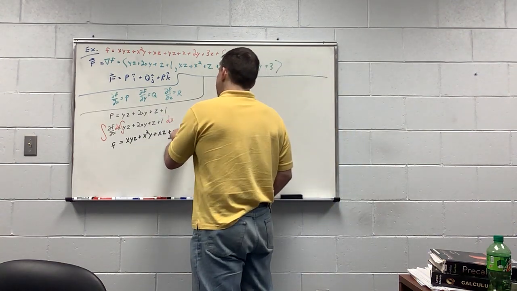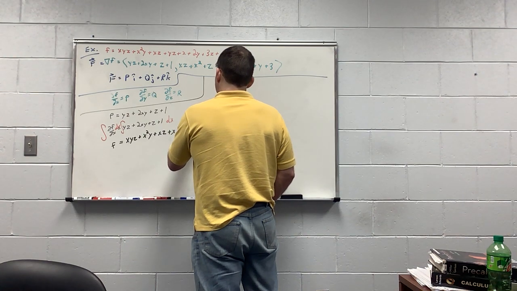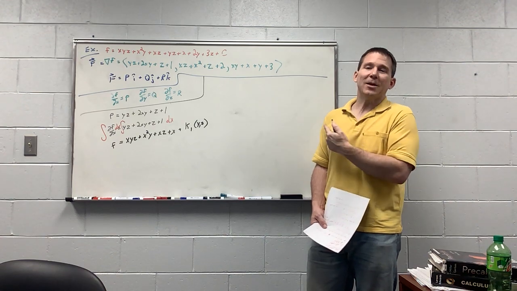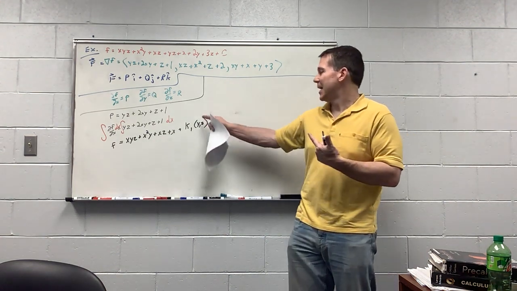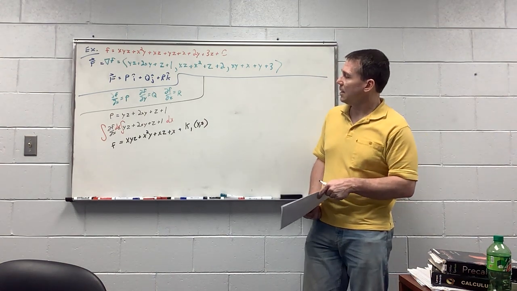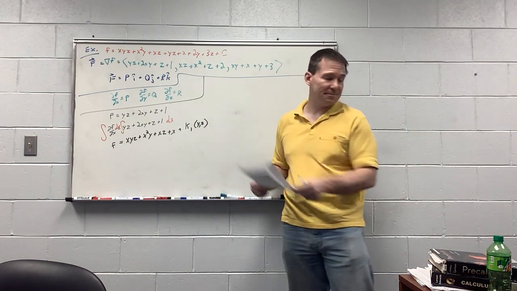Which means, instead of getting a constant, I just get a function in terms of y and z. The whole thing could turn out to be constant, we don't know. I just have to allow for the possibility that there could be y and z terms in there. But now I've solved for f.